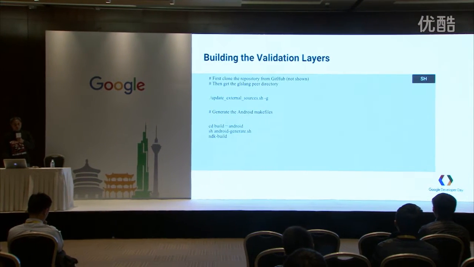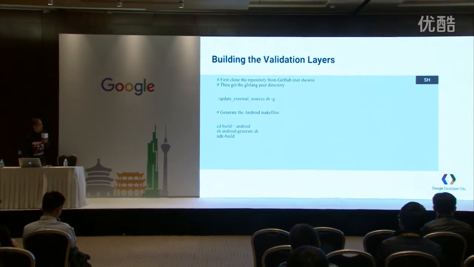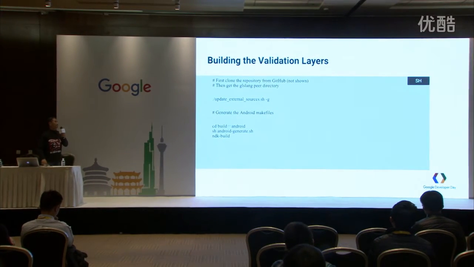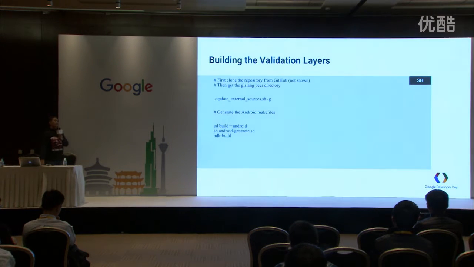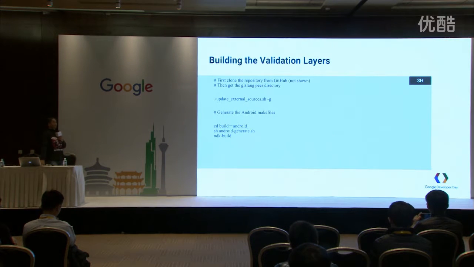Okay, how do you build validation layers? Validation layers are built with ndk-build. From your NDK, ndk-build is always there in r12. You can use Gradle experimental. How many of you have heard about Gradle experimental?